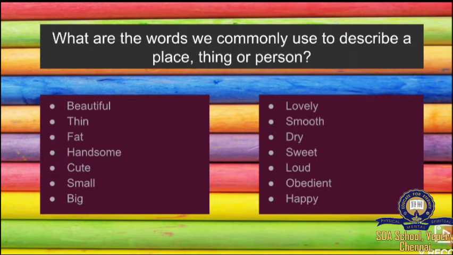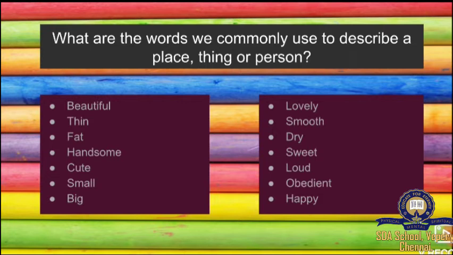We would say that place was beautiful or she was beautiful. She was thin, he was fat, he was handsome. The kitten was cute, the squirrel was small, the elephant was big, and so on, right?